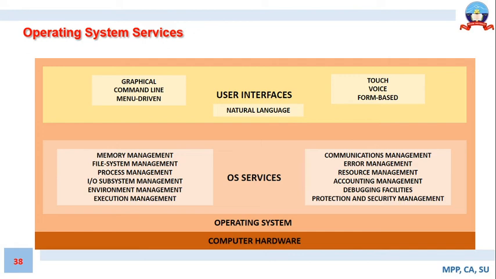As I've already said, a user interface should be consistent, complete, uniform, and usable. You can have either a graphical user interface, a command line interface, a menu-based interface, or an interface based on touch, voice, form or natural language.